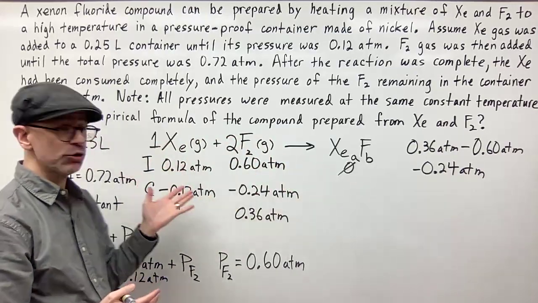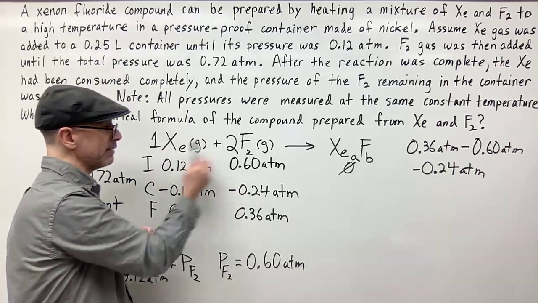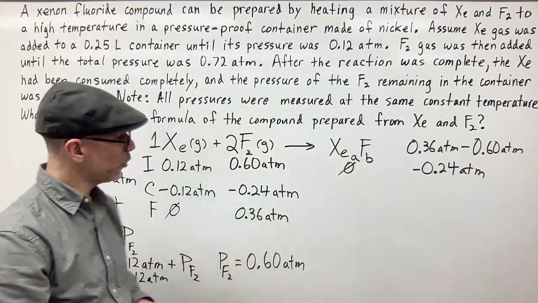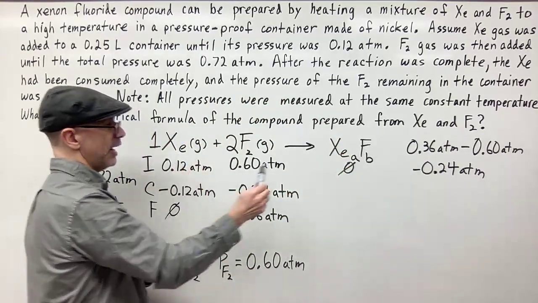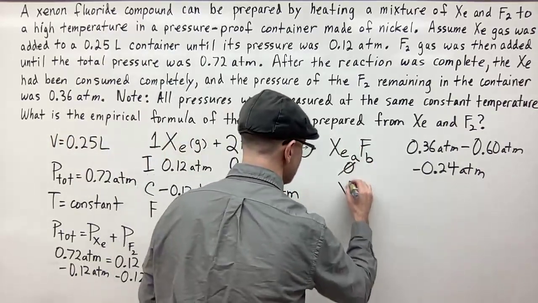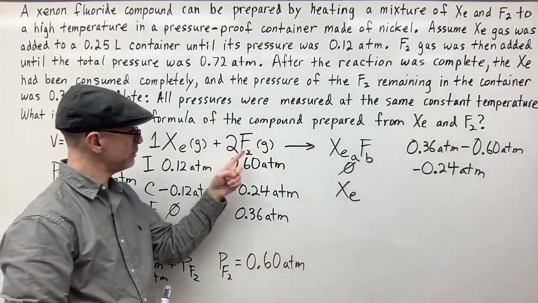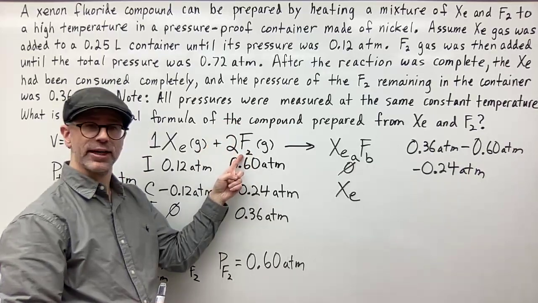So according to the law of conservation of mass, the same number of atoms I have on this side should be the same on this side. So therefore, since I have one xenon here, I should have one xenon there. So that's going to be Xe. Notice I have 2 times 2 atoms of fluorine. That's 4 atoms of fluorine on this side.